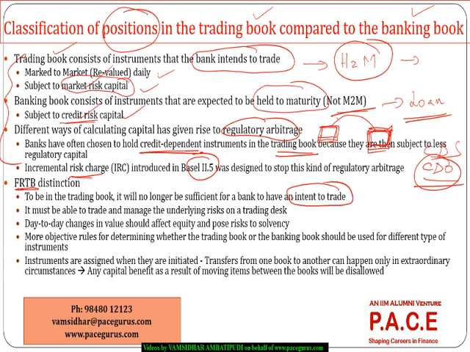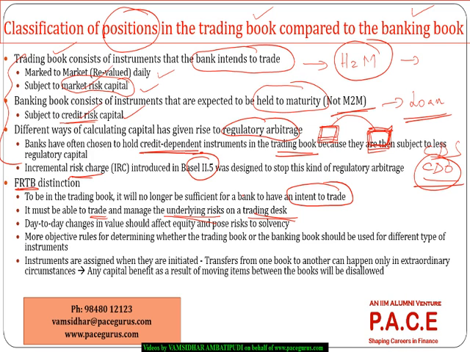Earlier, something was classified into the trading book if the bank had an intention to trade on it and not hold until maturity. But now the modified rules say, no, it's not just the intention to trade. It should be able to trade and manage all the underlying risks associated with that instrument on a trading desk.